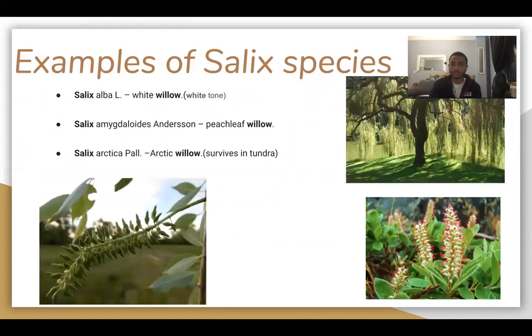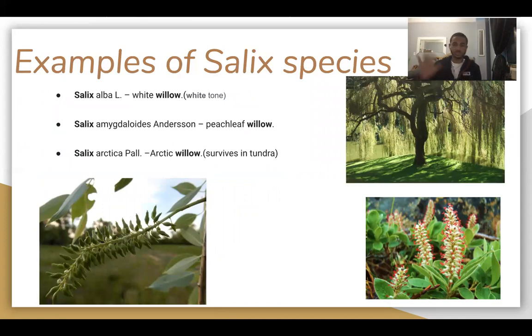Some examples of the willow species would be the white willow, which is the first picture to the right. It's very big and weeping into the lake. And as you can tell, it's by a lake, so it would have access to water if needed. The peach leaf willow is the one all the way to the bottom left.